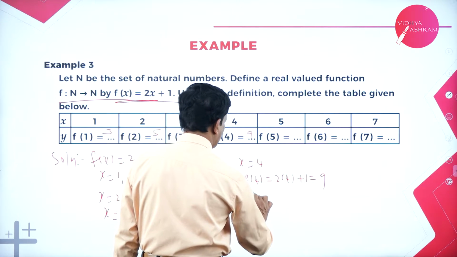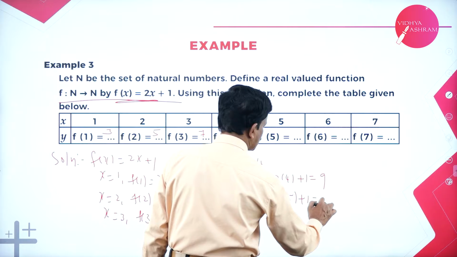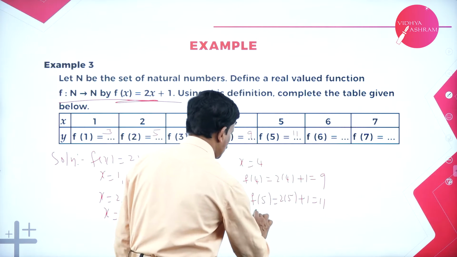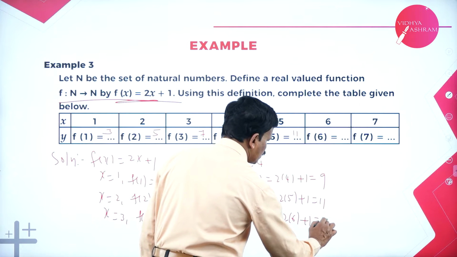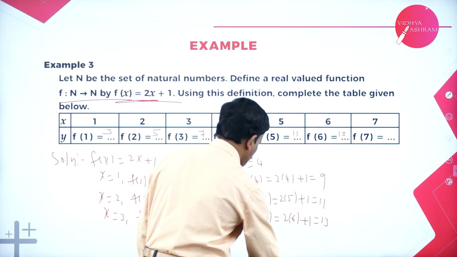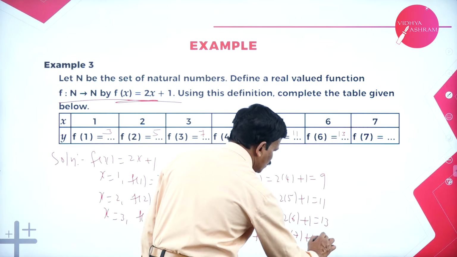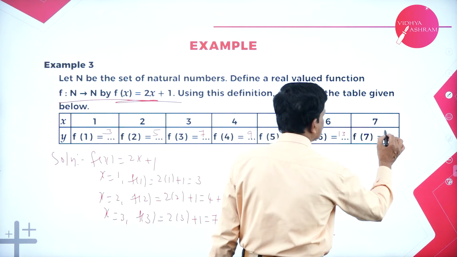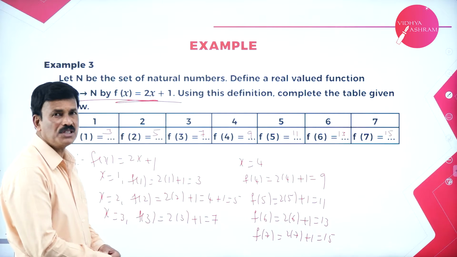Again, when you put x is equal to 5, you get 2 into 5 plus 1, that is 11. Similarly, if you put x is equal to 6, 2 into 6 plus 1, 12 plus 1 is 13. If you put x is equal to 7, 2 into 7 plus 1 is equal to 15. For all the values, the function increases by 2.